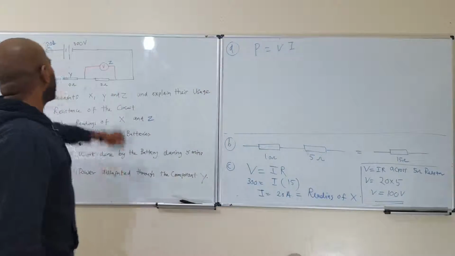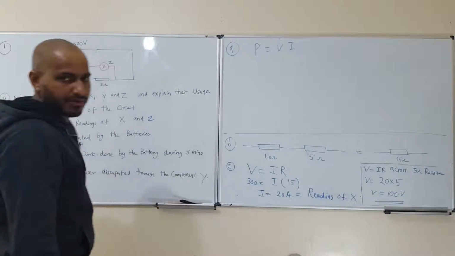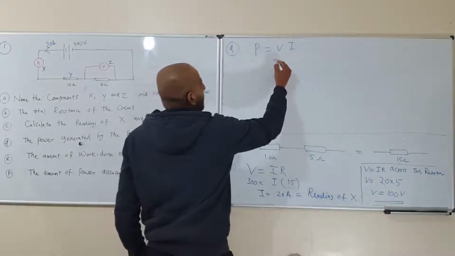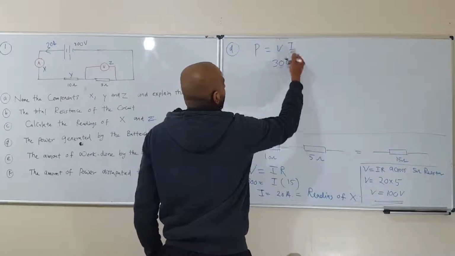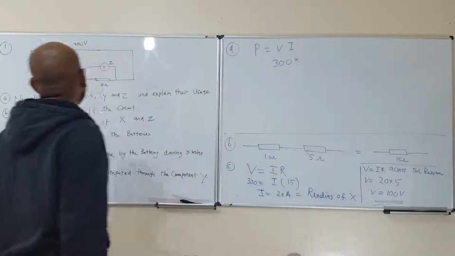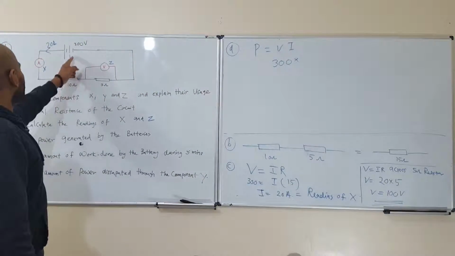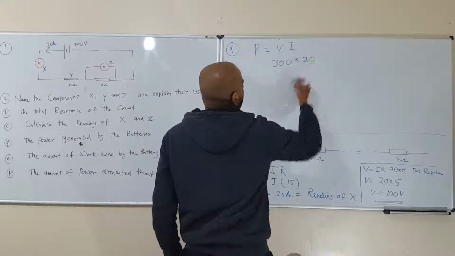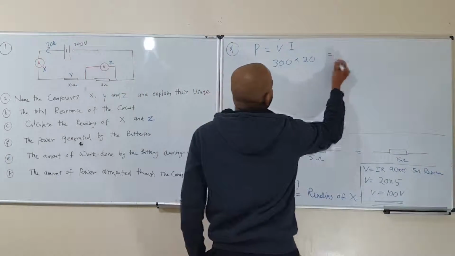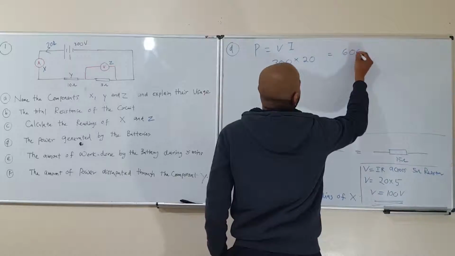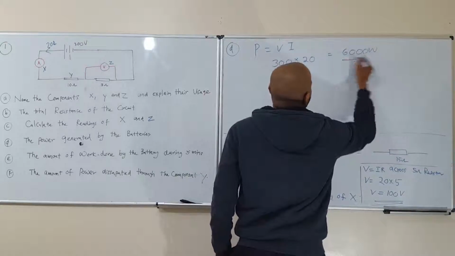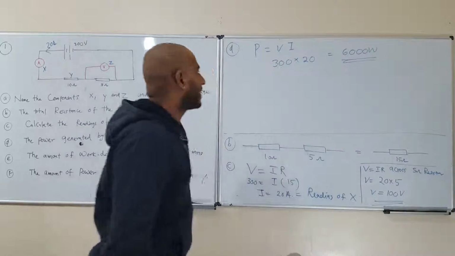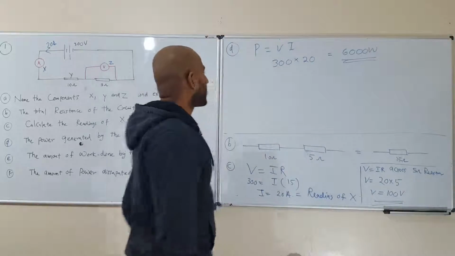V is the voltage across the battery, 300, and I is 20 amps. So we get 6,000 watts, or joules per second, the same thing. 6,000 watts generated by the battery.